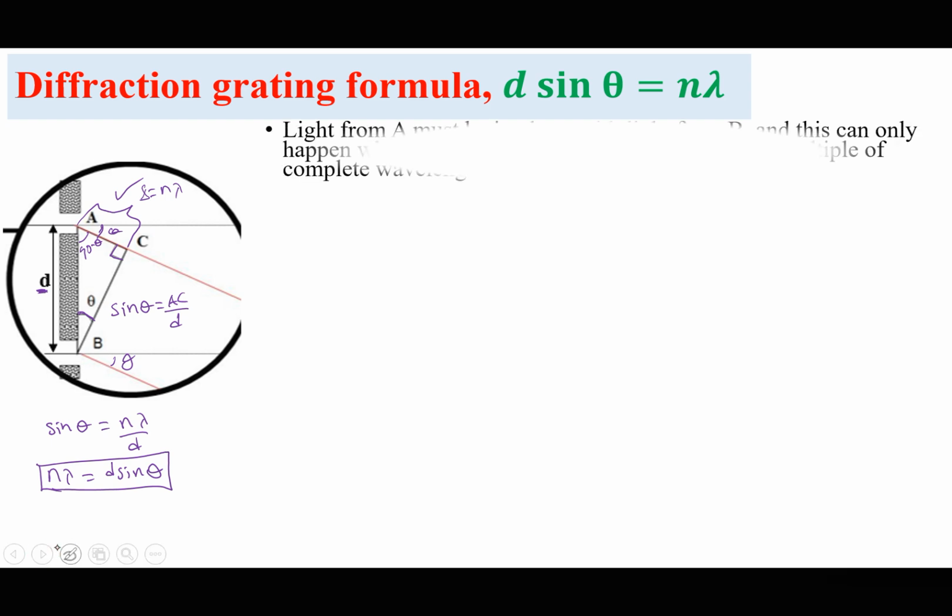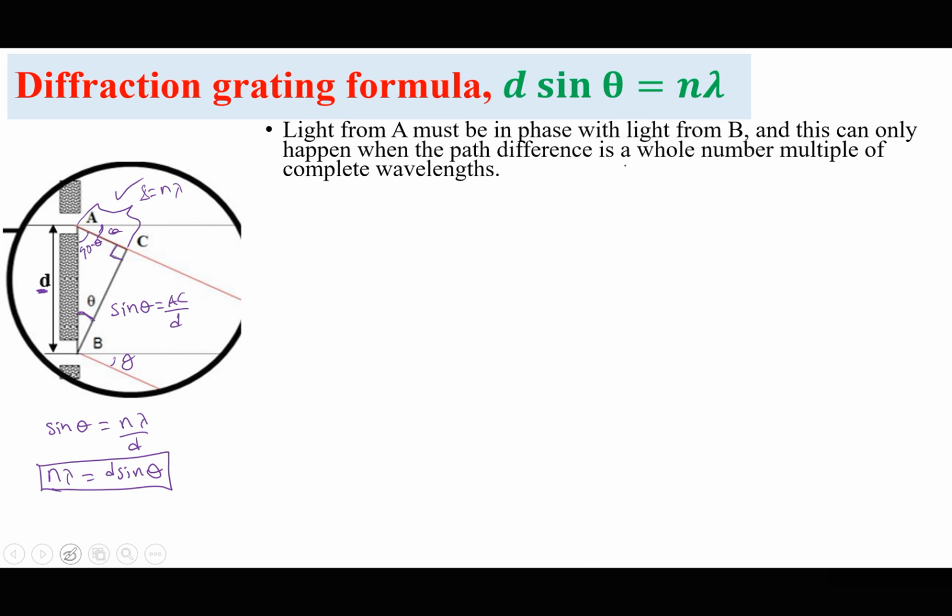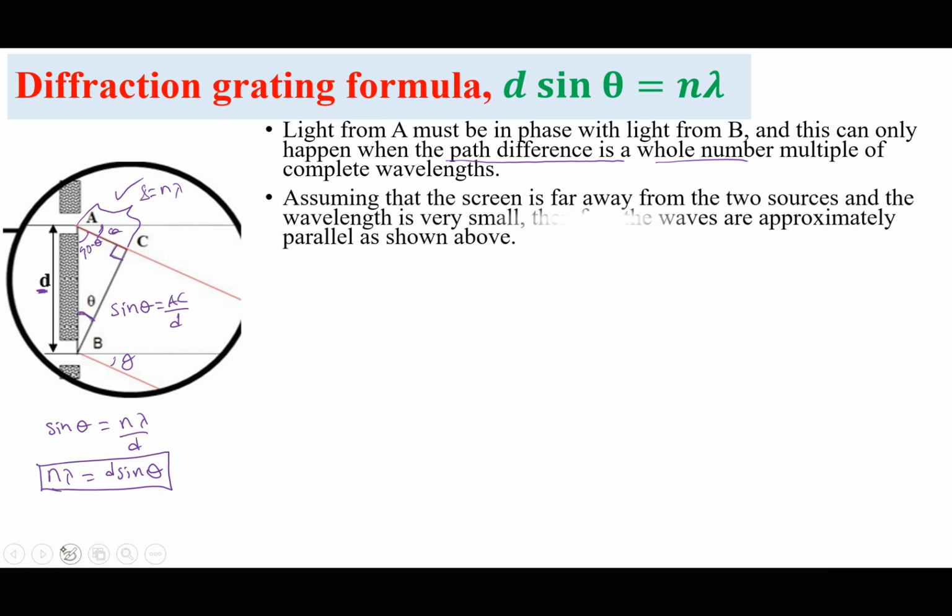Light from A must be in phase with light from B. That means constructive interference is going to happen, and this can only happen when the path difference is a whole number multiple of the complete wavelength. In other words, path difference is n times lambda, where n is a whole number. If we assume that the screen is far away from the slits and the wavelength is very small, the waves are approximately parallel, as we have seen above.